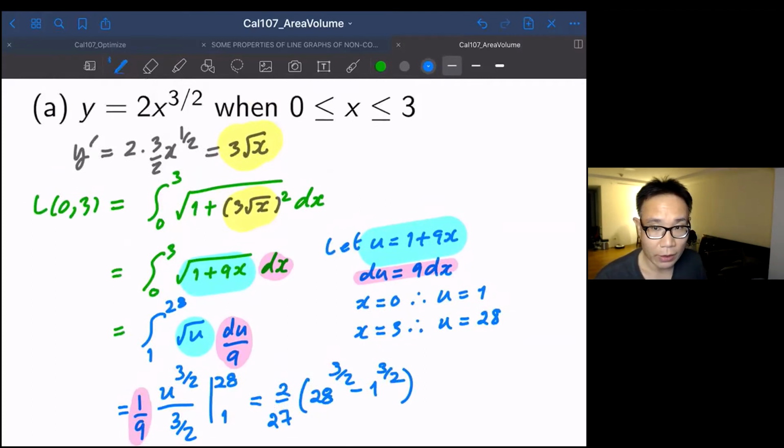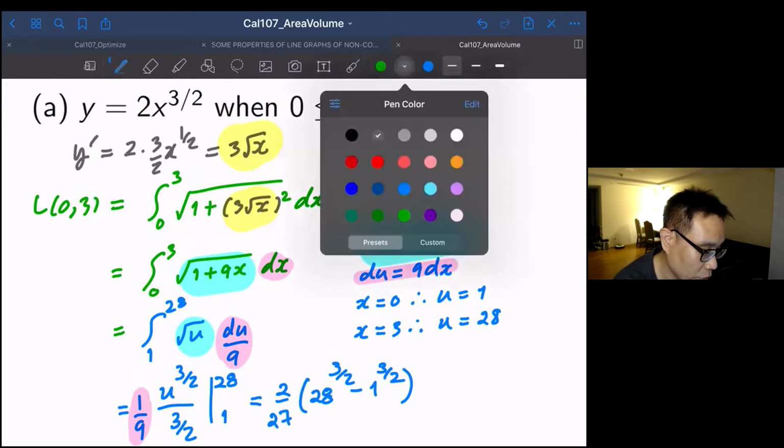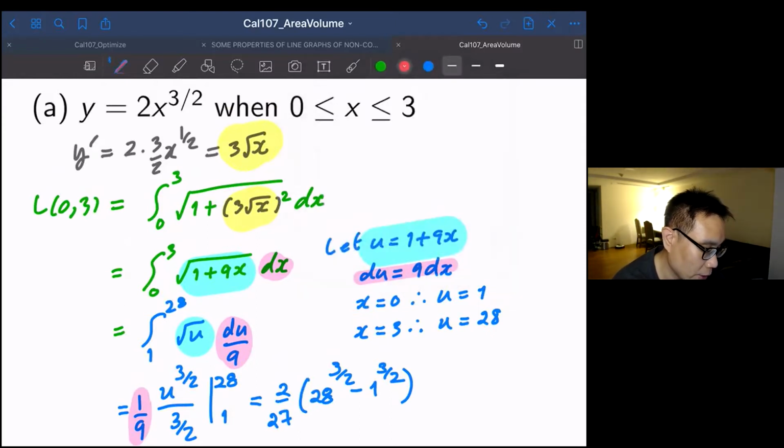You see that it's an easy setup, and then the integration uses substitution and algebra. So I'm going to consider this in two steps. The first step is you find the derivative and set it up. So this one will be the setup.